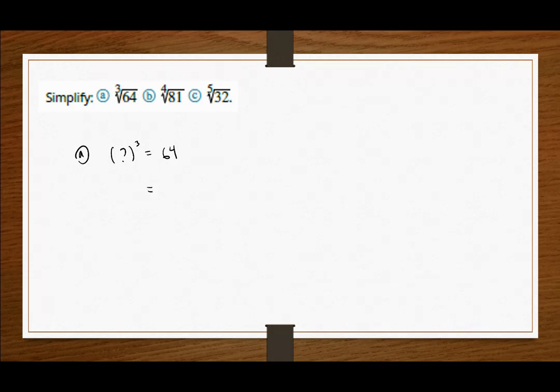So for instance here, I may start by factoring 64 and trying to identify repeated factors. This could be done through a process of prime factorization or using our division rules. For instance, I know that 64 could be divided by 2 to get 2 times 32.